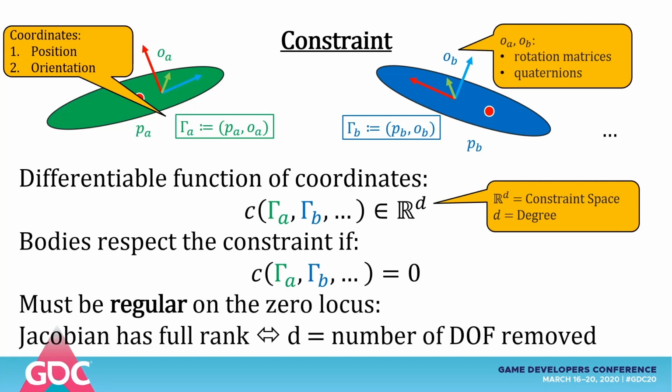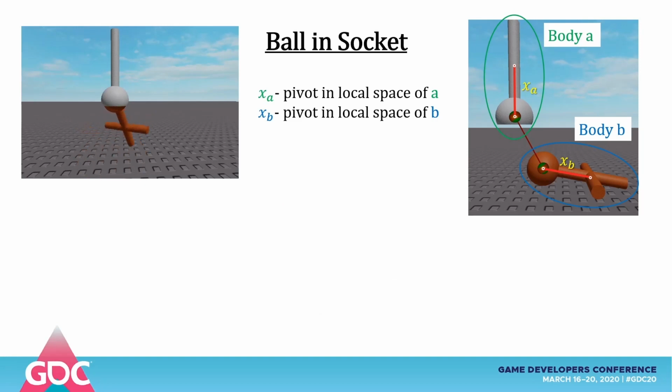The function must have an additional property. It must be regular on the zero locus. That is, the Jacobian has full rank, or equivalently, d is the number of degrees of freedom removed by the constraint. How do we model a ball in a socket or a ball joint between two rigid bodies? We specify pivot locations in the local space of the two bodies.